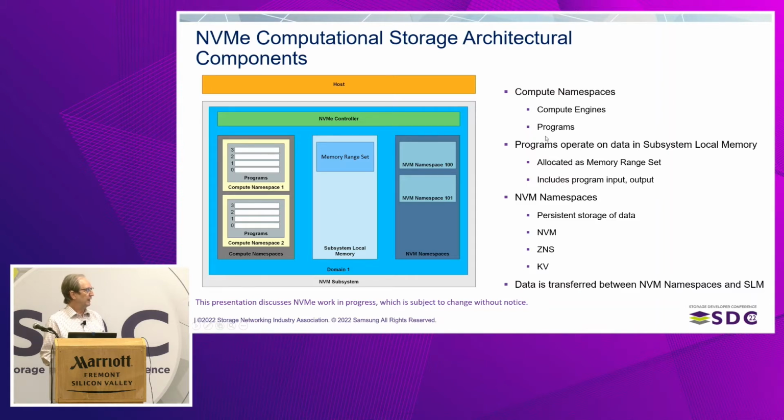So the programs operate on the data that's in this memory. This is allocated into memory range sets. From the previous presentation, these memory range sets are made up of ranges of memory that are in individual subsystem local memory namespaces. And a memory range set may be made up of memory ranges from multiple namespaces.